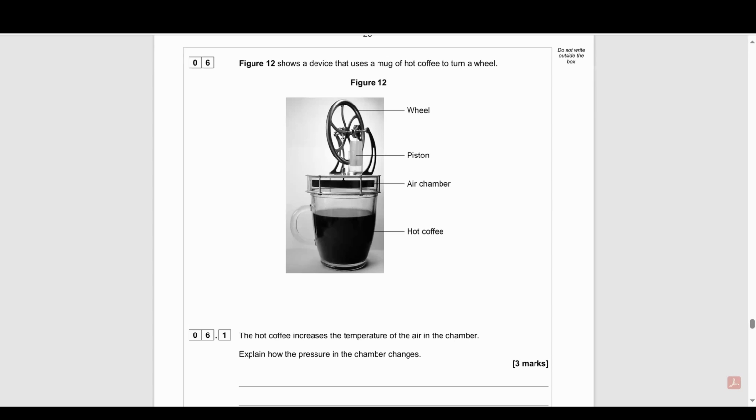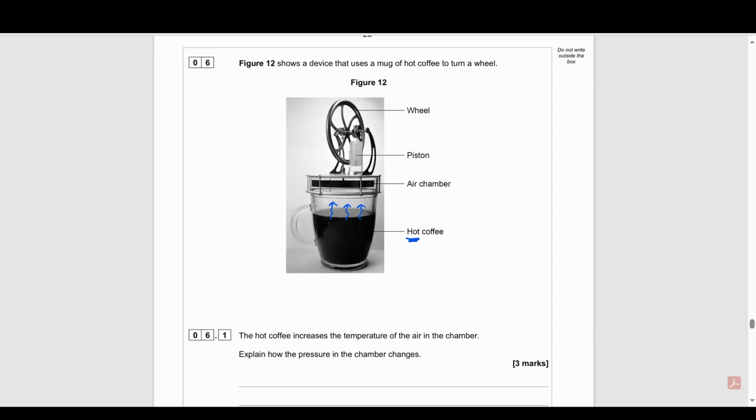So, we've got hot coffee. If it's hot, that means that there are going to be particles that are moving. And we would expect steam to be released from our coffee.